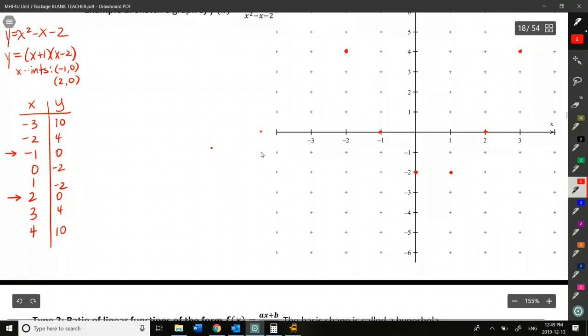So we have a vertex somewhere in between here. It might be helpful for us to also find the point where x is equal to 0.5. Can we plug that into our calculators quickly, just so that we know where the vertex is? Because that's an important point of a quadratic.